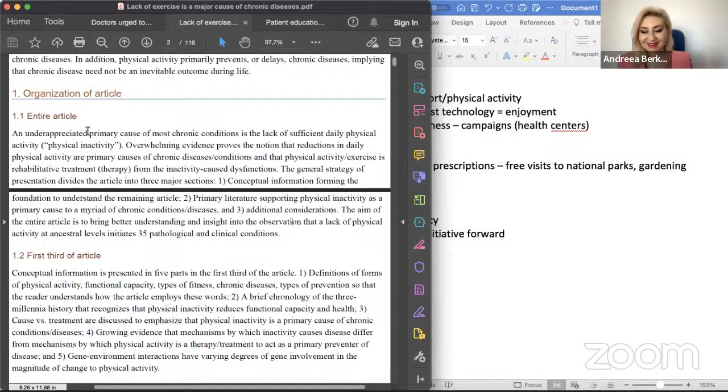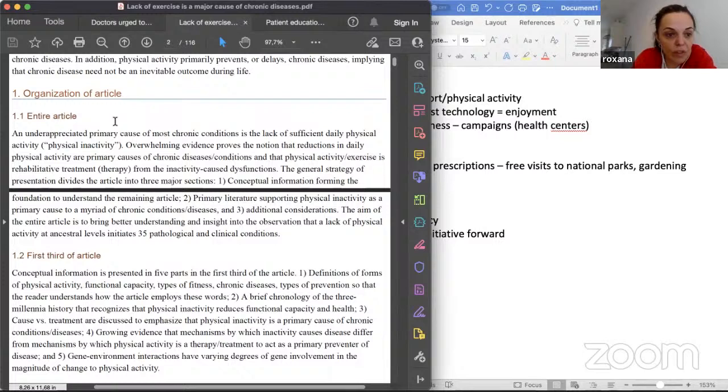An underappreciated primary cause of most chronic conditions is the lack of sufficient daily physical activity, physical inactivity. Overwhelming evidence proves the notion that reductions in daily physical activity are primary causes of chronic diseases, and that physical activity exercise is rehabilitative treatment therapy for the inactivity-caused dysfunctions.